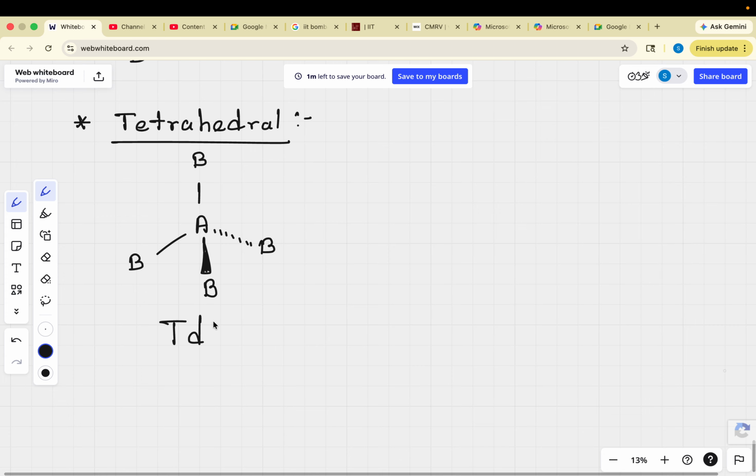That time no need to figure out anything, you just write down tetrahedral point group, Td. Okay, tetrahedral point group, that is fine.